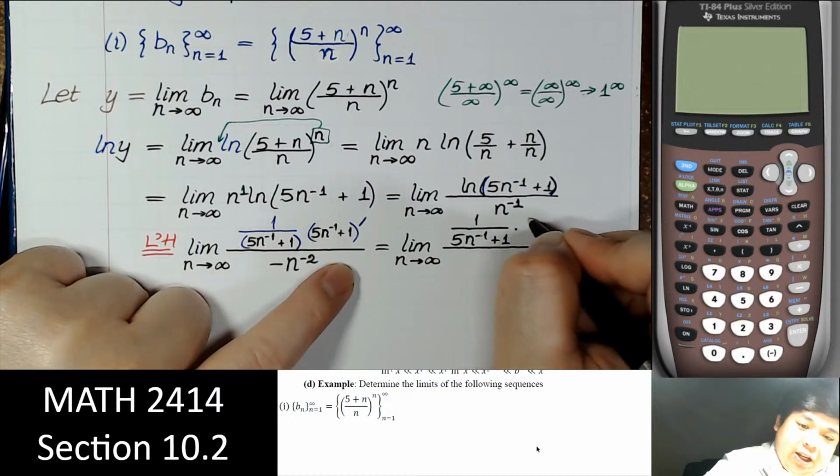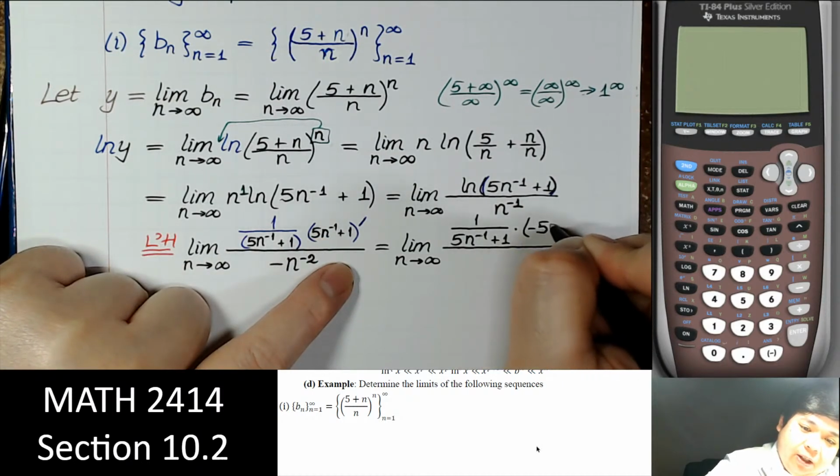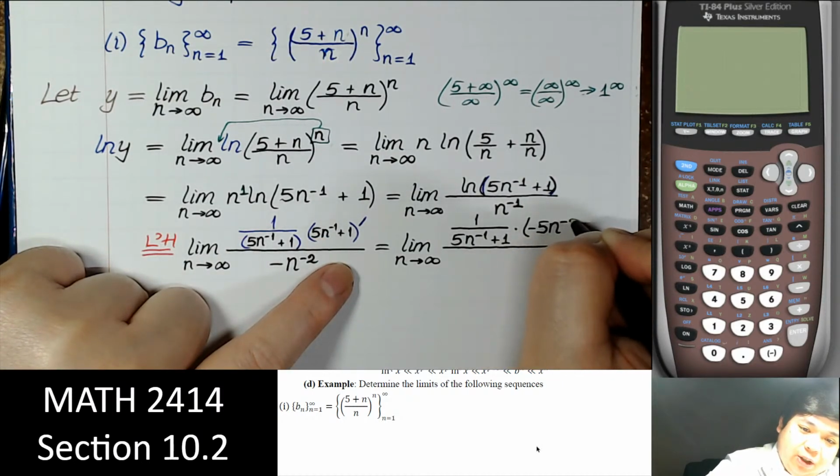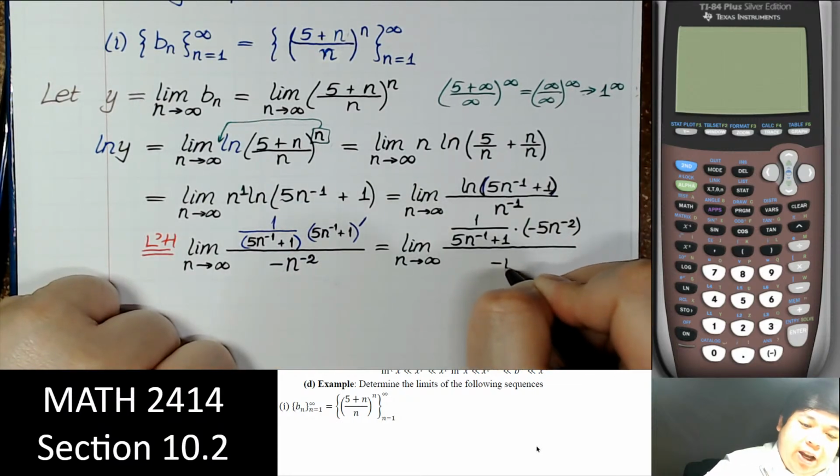Derivative of this is negative 5 n to the negative 2. At the bottom we have negative n to the negative 2.